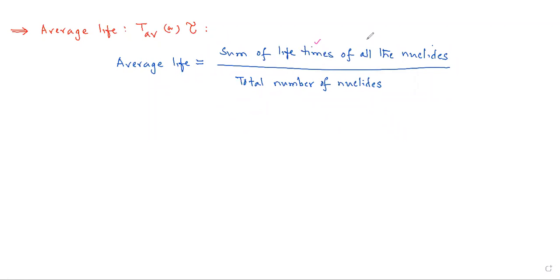So when you cannot say the overall lifetime, it is difficult to calculate the average life taking this relation into consideration. So we can go for this, simply the reciprocal of disintegration constant.